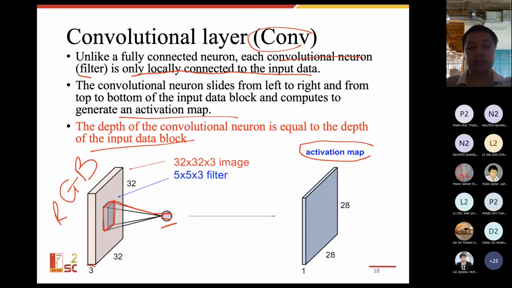So for this filter, the depth is also 3, and the size is 5 by 5. The image is 32 by 32 by 3. The output is named an activation map, and its depth is 1.